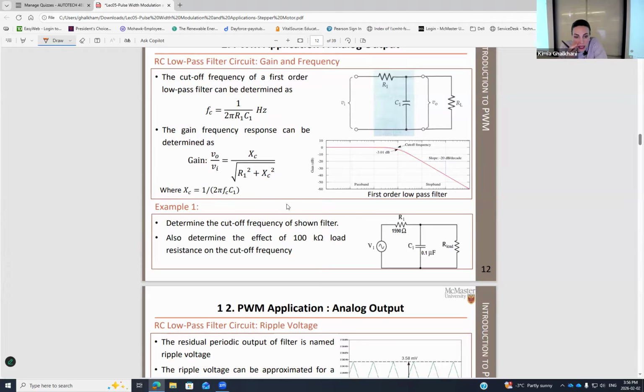So, cutoff frequency of the first order circuit. In here, again, this can be LED, can be DC motor, can be heater, anything that can get rid of some voltage for you right in here.